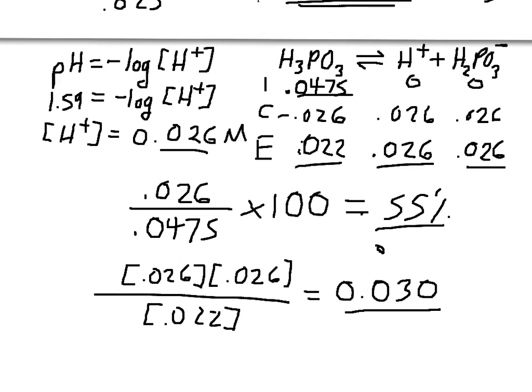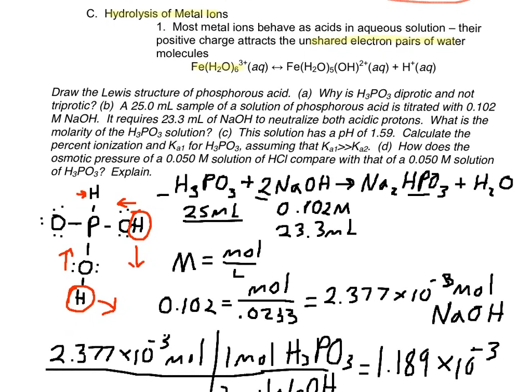Now the last bit of our question asks, how does the osmotic pressure of a 0.05 molar solution of HCl compare with that of a 0.05 molar solution of H3PO3? Now remember from a few chapters ago, osmotic pressure is a colligative property, which means it depends on the amount of the substance that is created, not what the substance is.